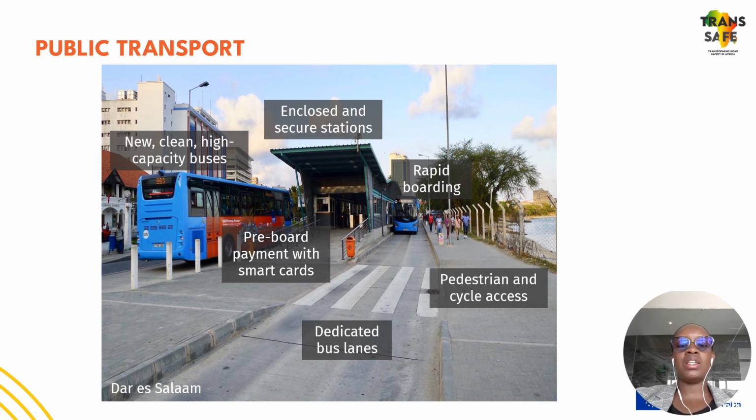That means that the platforms on which the commuters are boarding the buses are at the same level with the buses, so that it allows for rapid boarding. We have dedicated bus lanes for the public transport, and we also have pedestrian and cycle access. So this is an example of good provision of public transport.